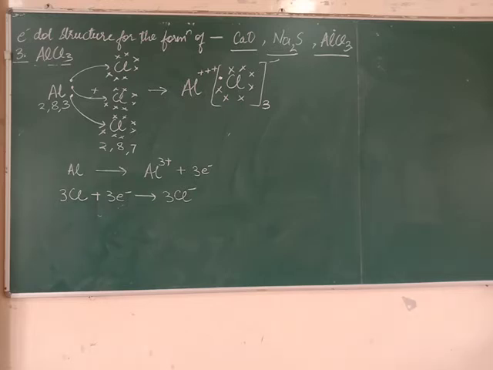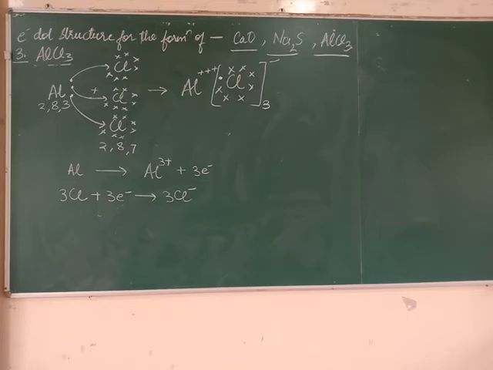One more time, children. Aluminium contains 3 electrons in the outermost shell. These 3 electrons will be accepted by 3 Cl atoms, and the molecule becomes AlCl3, the way you are seeing on your screen.